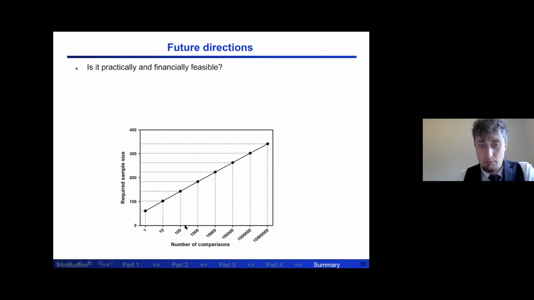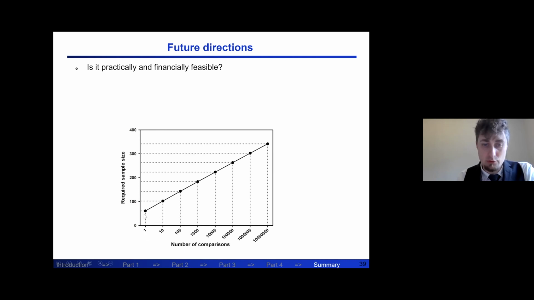So you're around here on this curve. So this is a plot of the sample size you need to conduct a certain number of comparisons for moderate effects. I think this is correlations of 0.35, while retaining a power of 80%.